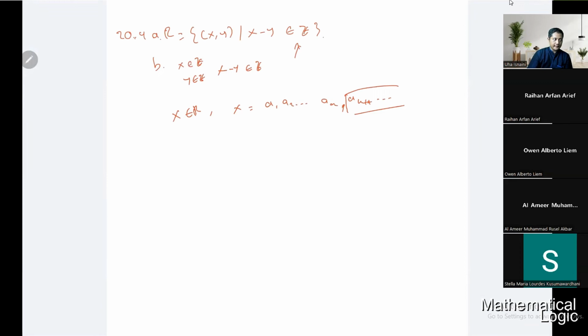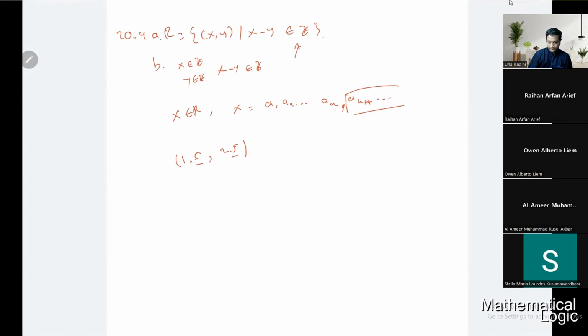That's why I'm saying it's difficult to draw, because imagine you have 1.5 and 2.5, those will be included. So every pair of numbers whose fractional parts are the same will be related.